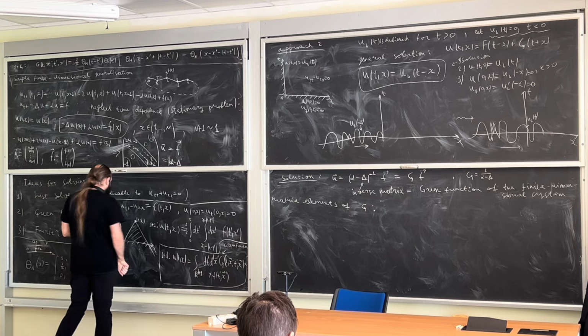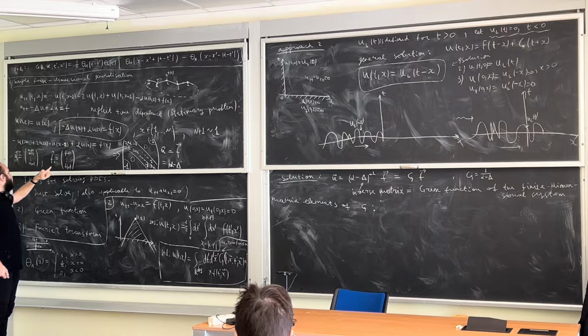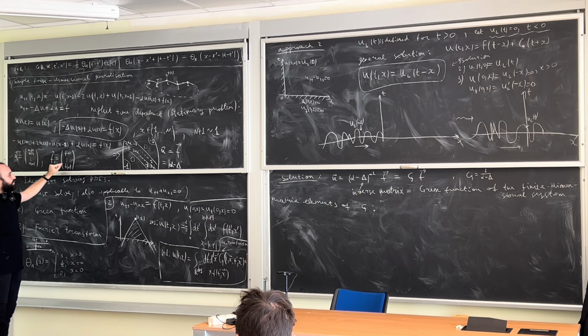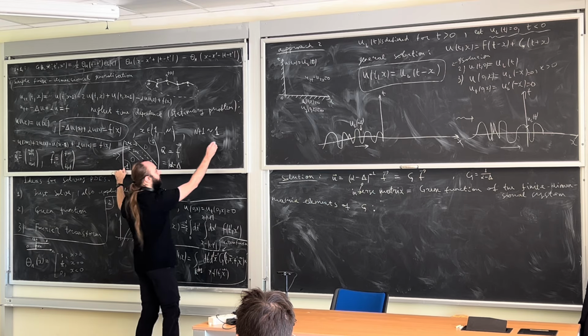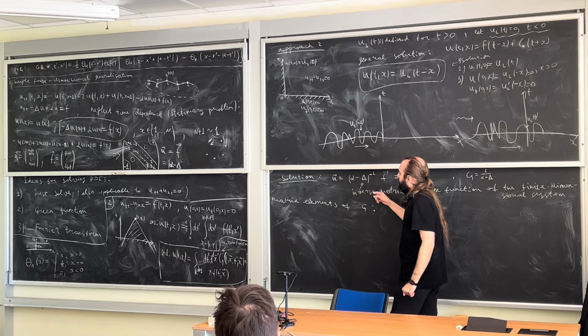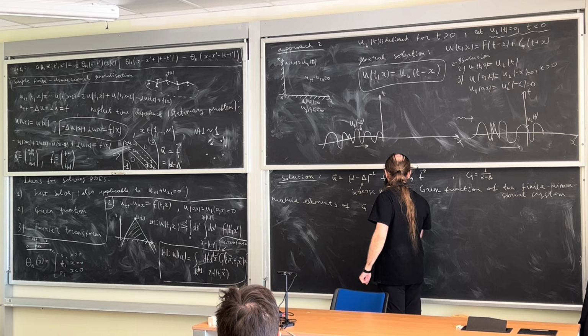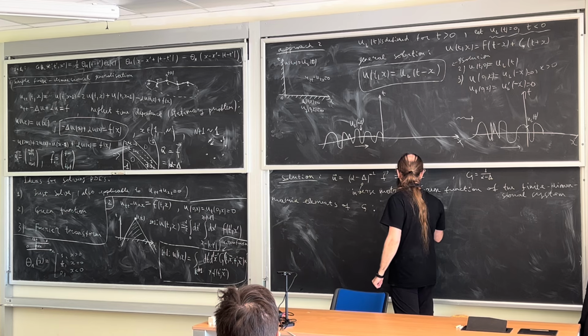Since matrix indices, vector indices of U and of F corresponded to points on a circle, we can also draw a picture for this. There are endpoints placed on a circle, 1 to n. So matrix elements of G are functions of 2 points on a circle. So they can be written as G of x and y.